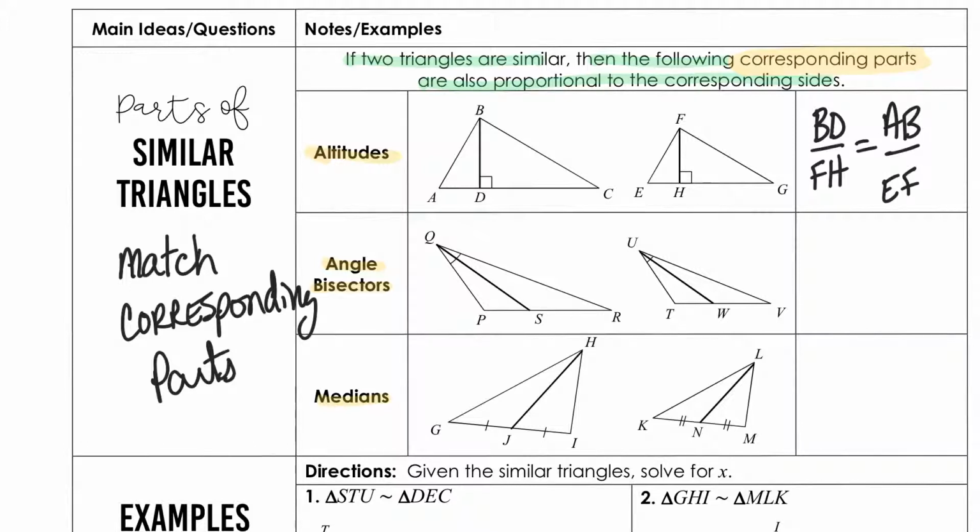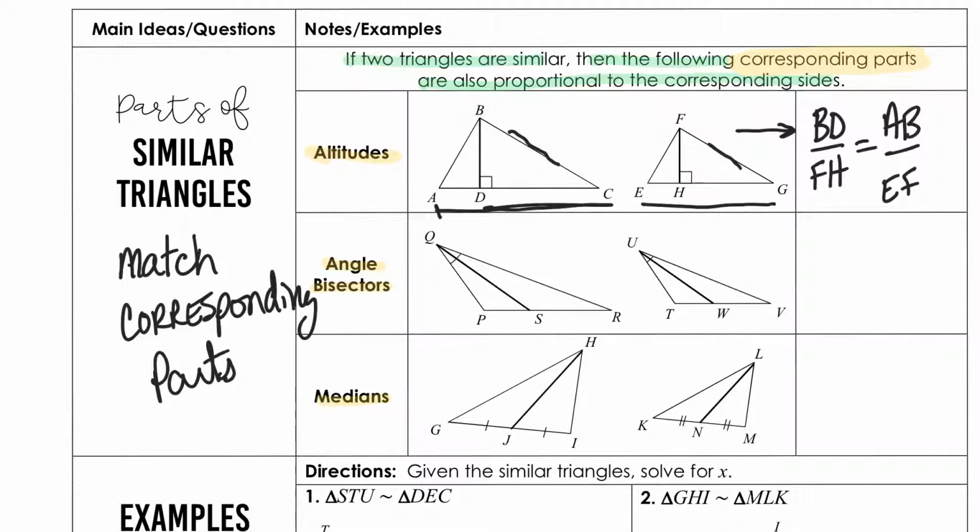Now, we could have replaced AB over EF with BC over FG, or we could have said AC and EG. The main thing is to match corresponding parts, and like I always enjoy doing, making sure that the same triangle parts are across.